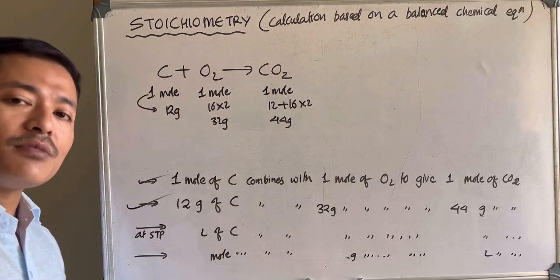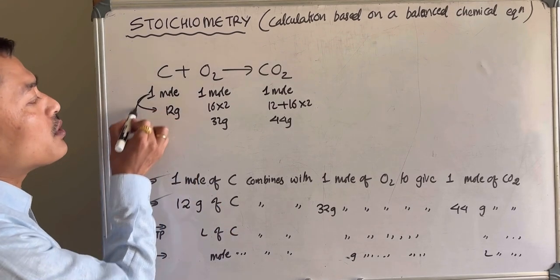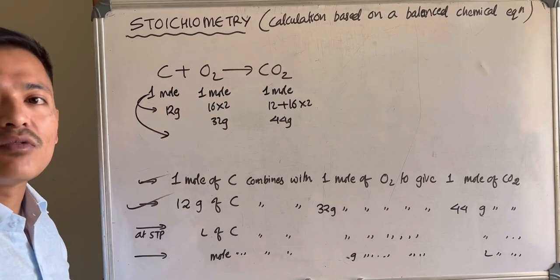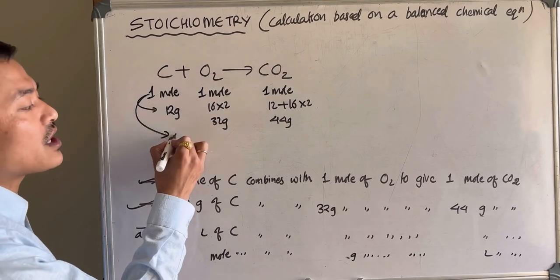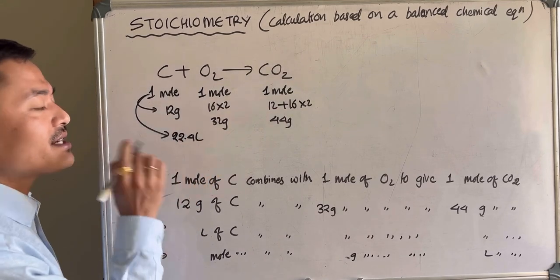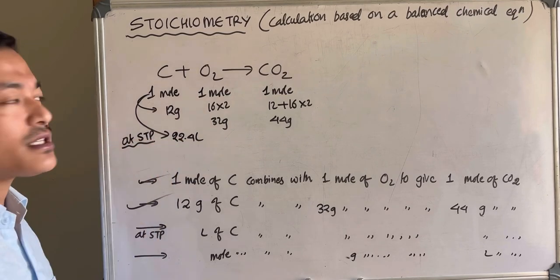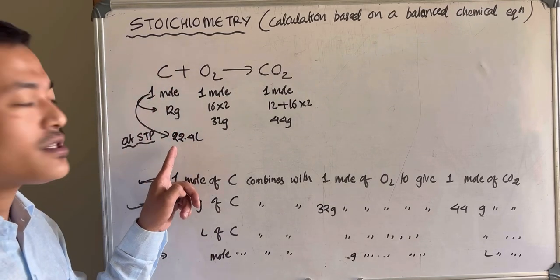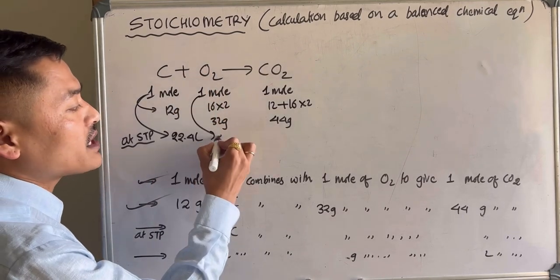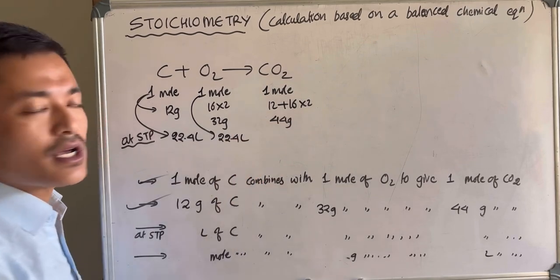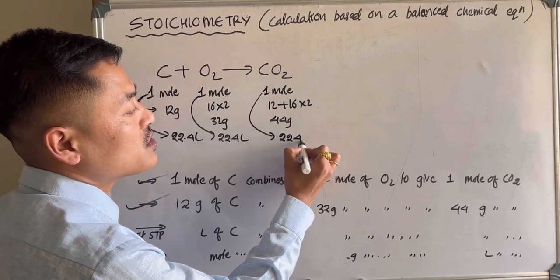Now this can even be understood with respect to volume. Here, 1 mole of anything, whether carbon, carbon dioxide, water or anything else, occupies 22.4 liter at STP. You must remember it at STP. Similarly, 1 mole of oxygen will occupy the same volume, 22.4 liter, and 1 mole of carbon dioxide will also occupy 22.4 liter.